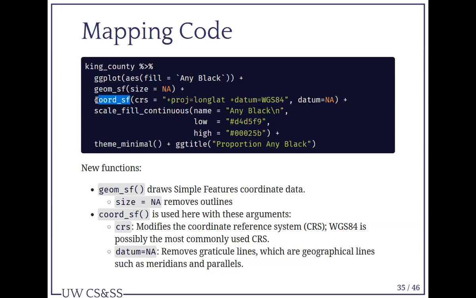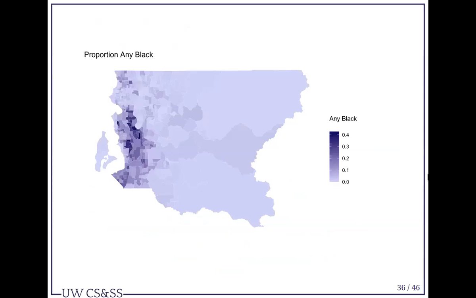Then I've added some coordinates using the CRS that has been given to me. This datum equals NA here means that it's not going to put latitude and longitude lines on the map. And then I pick a couple colors for low and high levels of any percent black in a tract. And that's the state of Washington, more or less, and the proportion any black in each tract.